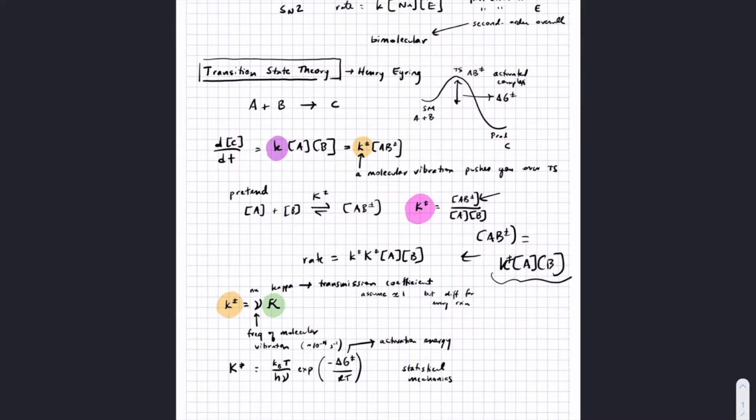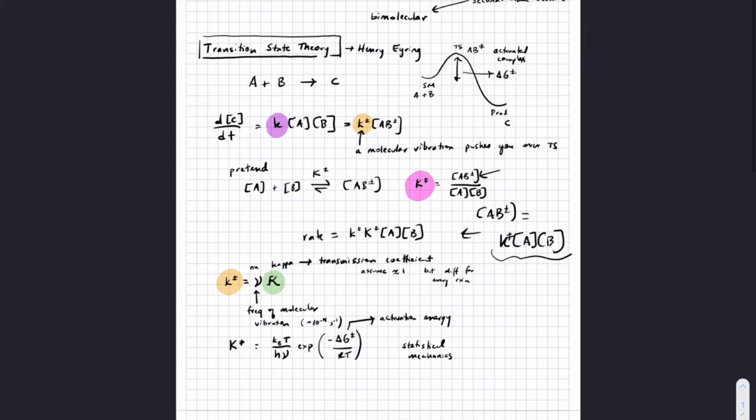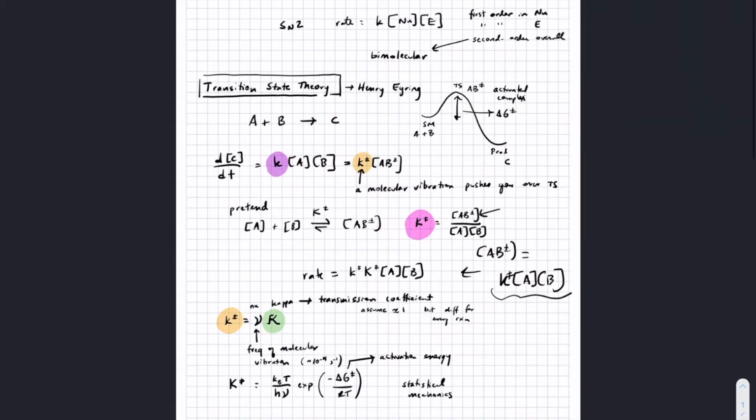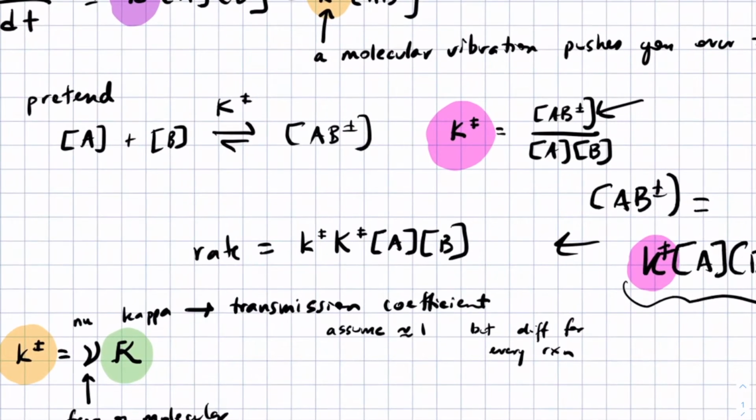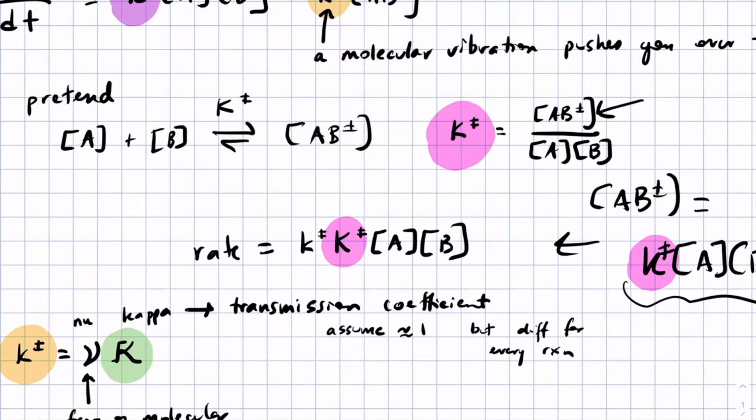Activated complex equals big K times concentration of A times concentration of B. And then combining this expression for k and the definition here, we put this in for activated complex, and that gives us this rate expression where big K double dagger times little k double dagger is equal to our original rate constant.